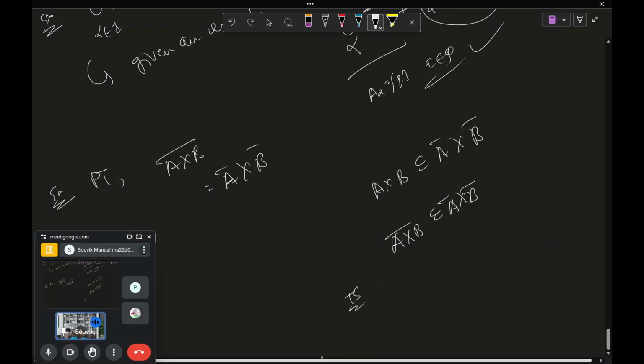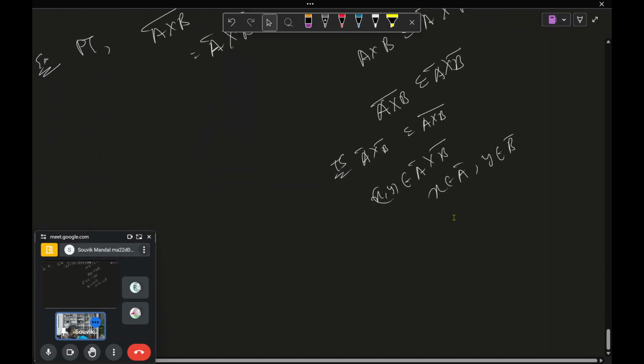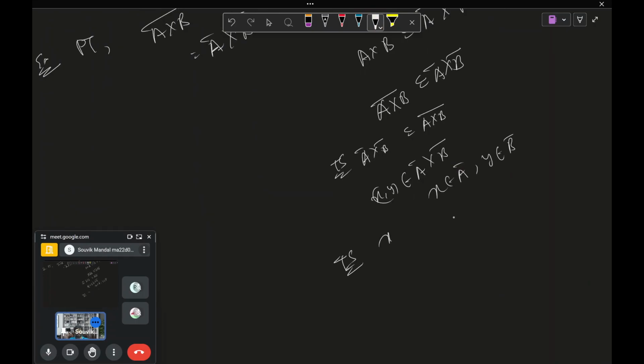We need to check A closure cross B closure is a subset of A cross B closure, right? So take a point (x, y) belonging to A closure cross B closure. So x belongs to A closure and y belongs to B closure, right? We need to show that (x, y) belongs to the closure of A cross B. That is, if we take an open set U cross V containing (x, y), we need to check that (U cross V) intersection (A cross B) is non-empty. This is what we need to show, right?